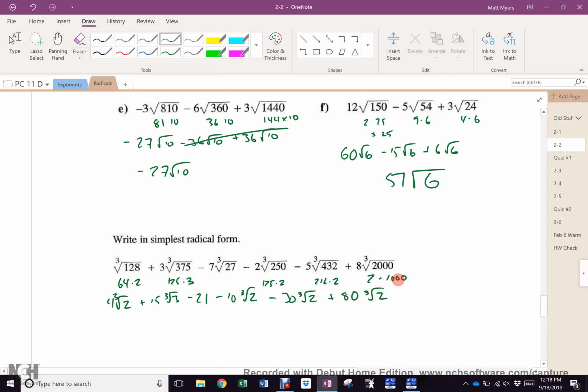So I get 4 cube root 2 minus 10 cube root 2 minus 30 cube root 2 is minus 36 cube root 2 plus 80 is 44 cube root 2 plus 15 cube root 3 minus 21.